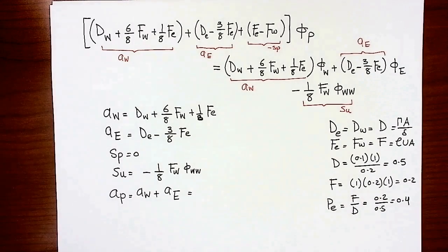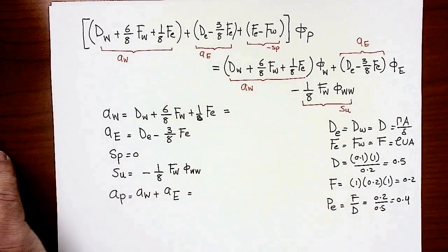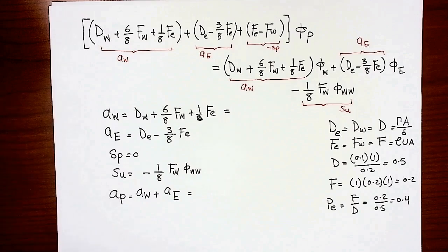That's the Peclet number. So let's calculate that as a numeric value. I have these numbers already calculated, so I will just recall the numbers instead of doing the math calculation right now.